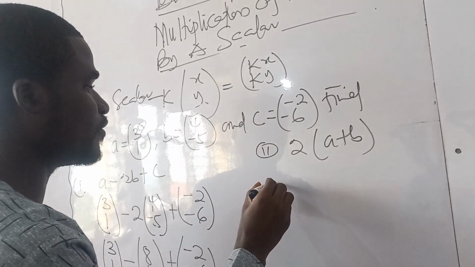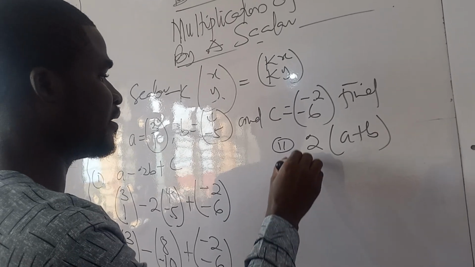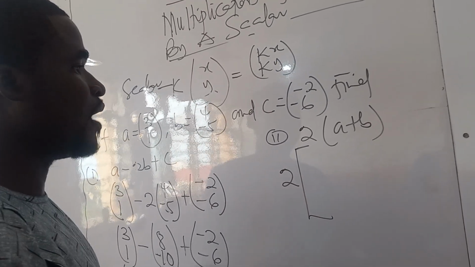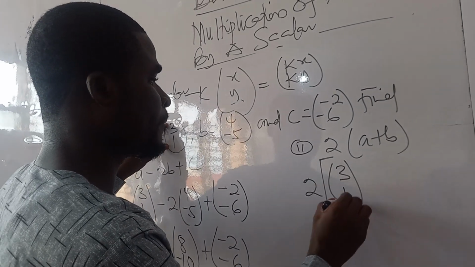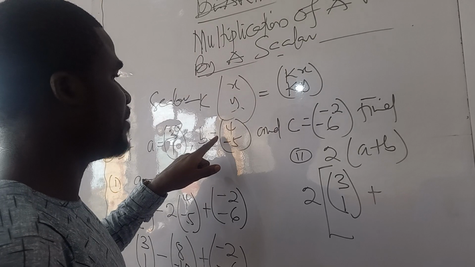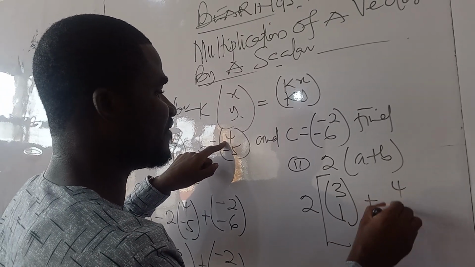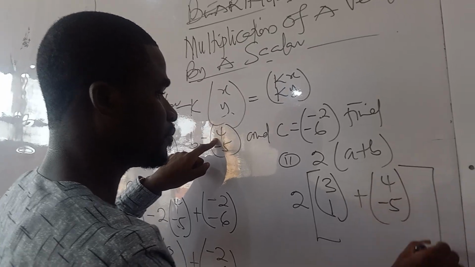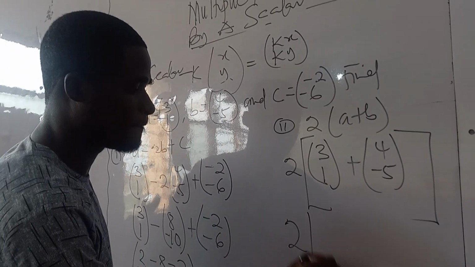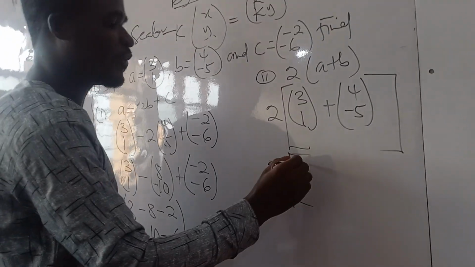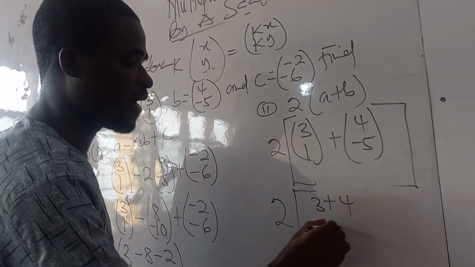So you're going to have 2, and a is (3, 1) plus b, which is (4, -5). So let's add them. 3 plus 4, then 1 minus 5.